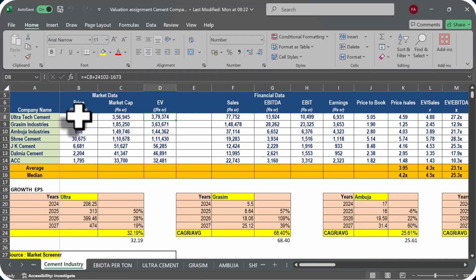It is the market cap plus debt minus excess cash, which means it is basically the market value of the shares plus the borrowings the company has taken minus the cash, because here we are considering only the market value of the operating assets of the company.